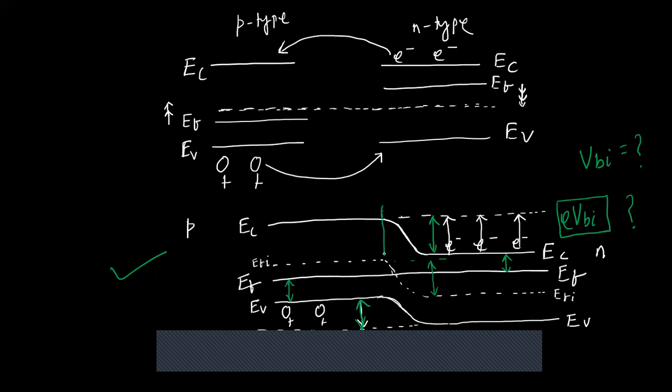The bent region over here gives you the space charge region or depletion region, and there is a potential step created. The electrons and holes experience a barrier to move from the conduction band of n to p, or from the valence band of p to n, and that maintains the equilibrium.